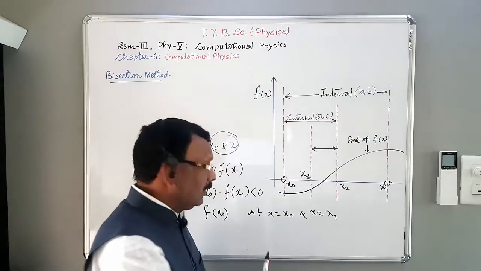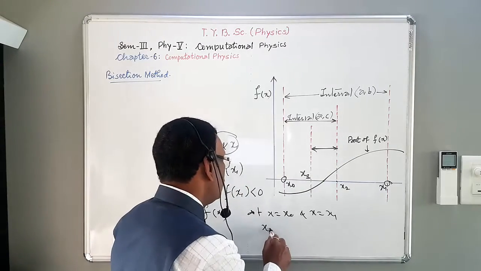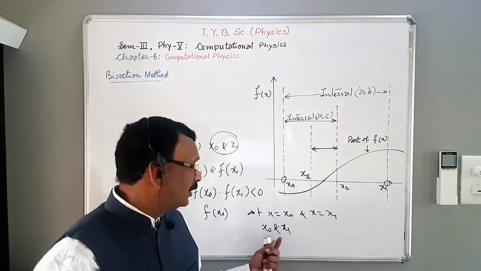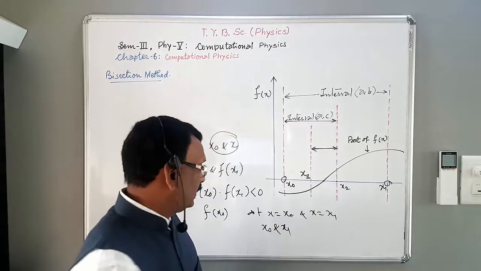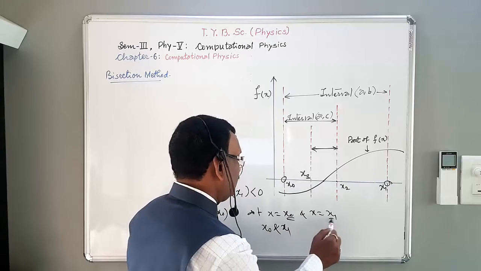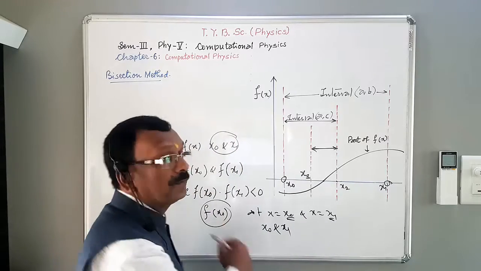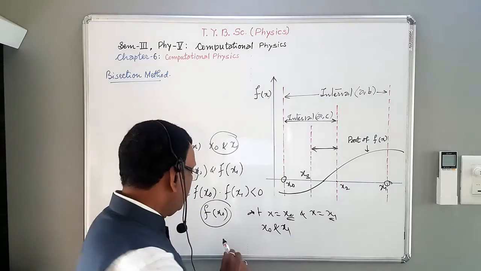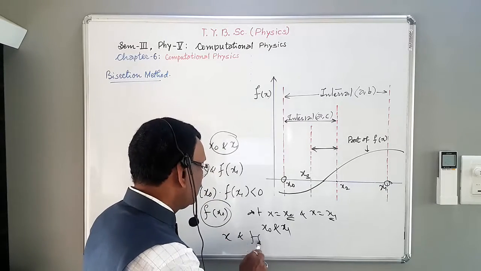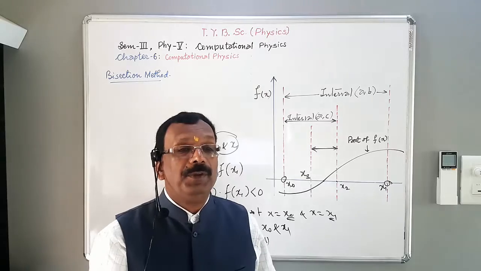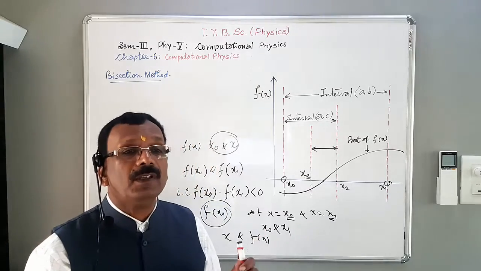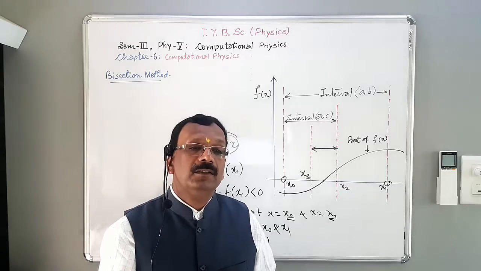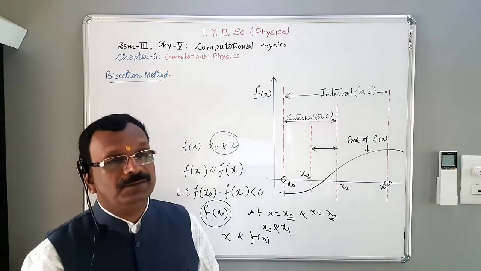Therefore, this x0 and x1 are roots of f of x, where x and f of x may be complex, real or vector quantities.